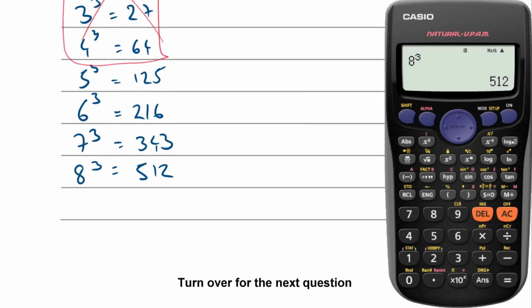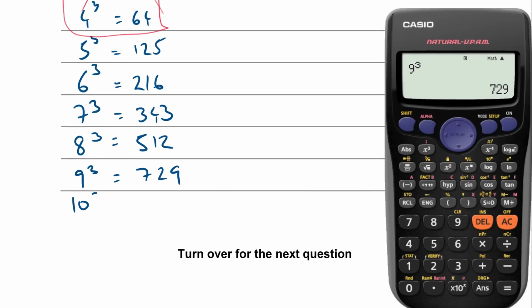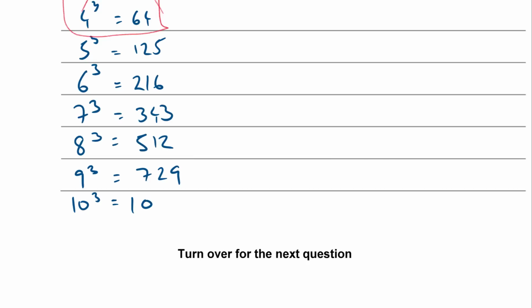Okay, what's 9 cubed then? 9 cubed is 729. And 10 cubed, 10 times 10 times 10, is 1,000.